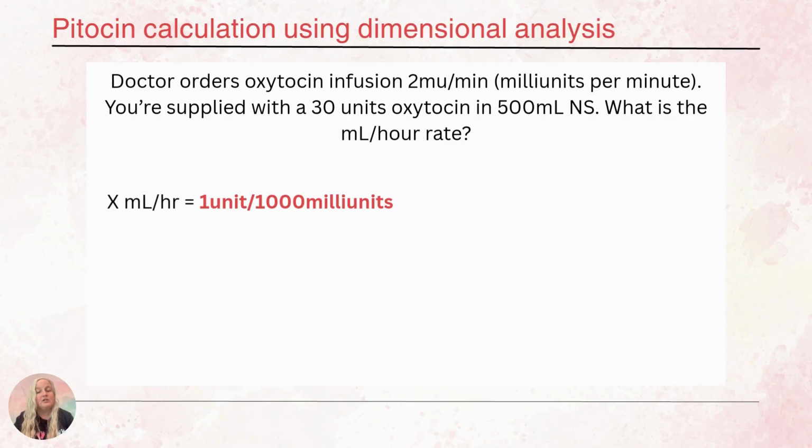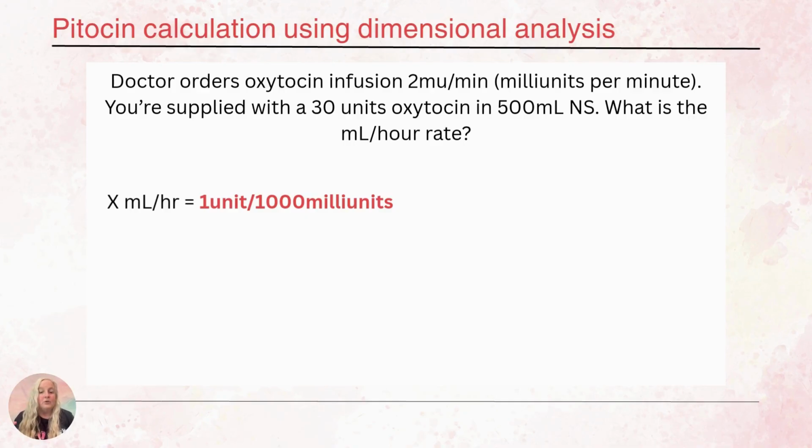If we would like to solve this problem using dimensional analysis, the setup is a little bit different. We are going to solve for x. So x milliliters per hour, and then the rest of the formula takes into consideration the other parts of the problem.